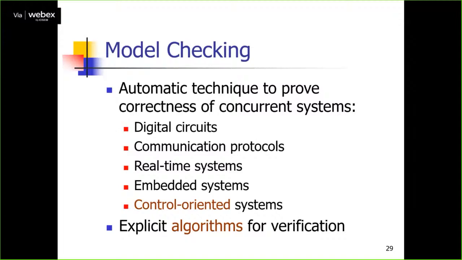So model checking is an automatic technique to prove the correctness of concurrent systems. We can have digital circuits, or you can have different communication protocols to be presented. We look for that in mobile applications, network applications, or communication applications.